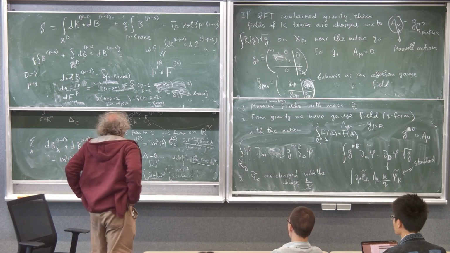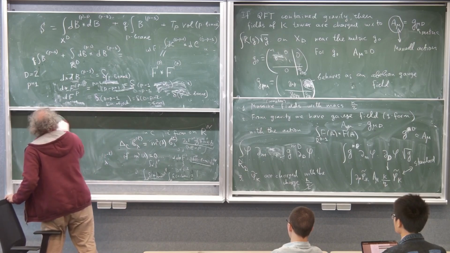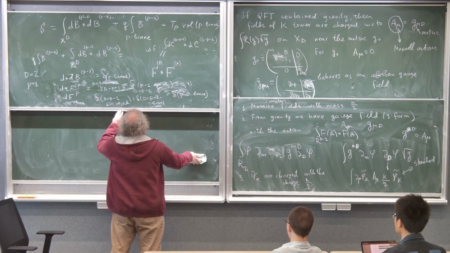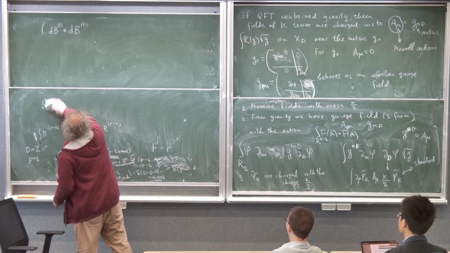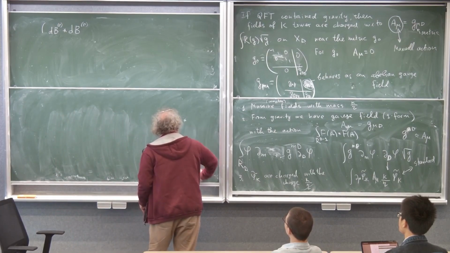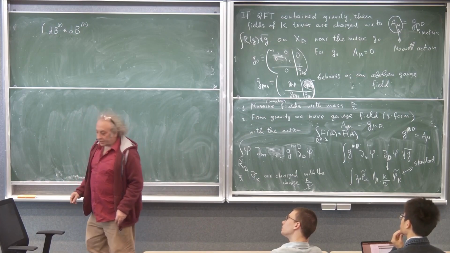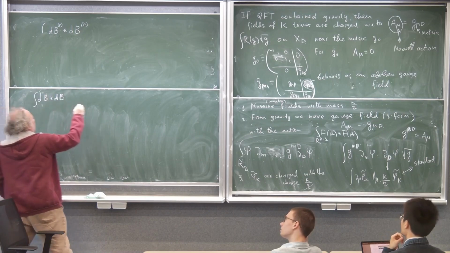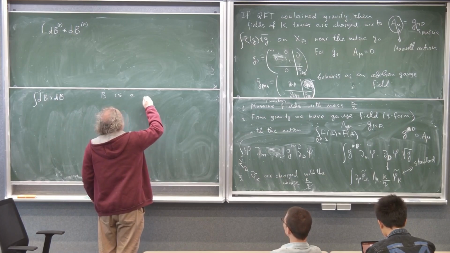So let me start with the simplest possible example. The simplest possible example is the theory dB star dB, where B is a zero form.